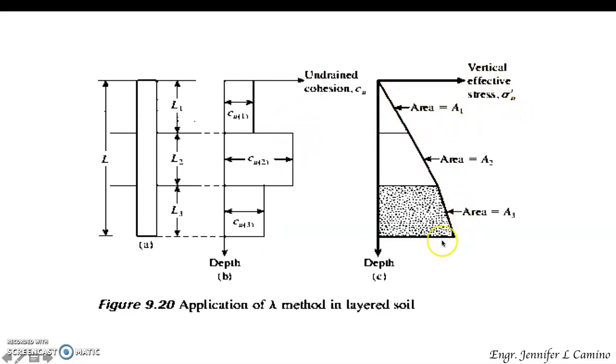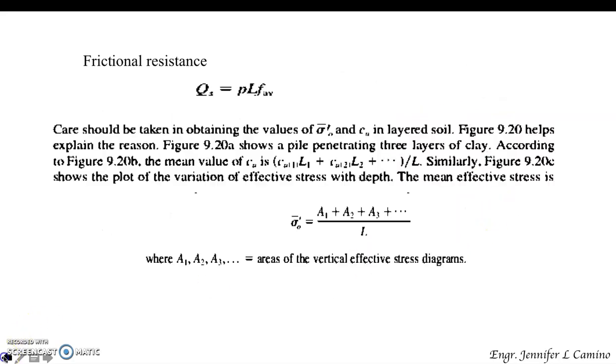We have our pressure diagram with area 1, area 2, and area 3. According to that figure, the mean value of our C sub u is equal to C sub u for layer 1 times L sub 1 plus C sub u for layer 2 times L sub 2, and so on, all over the total length of the pile.